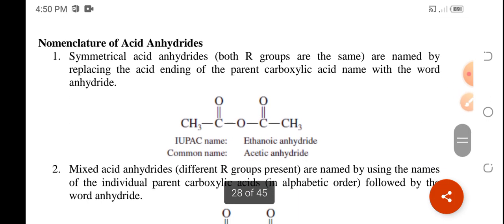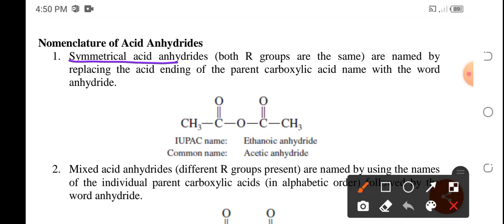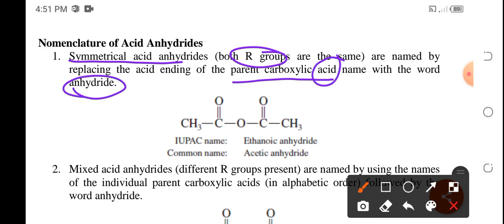Now, how do we name these acid anhydrides? If the carboxylic acid used was the same, so symmetrical acid anhydrides where the R groups are the same, you have to use only the name of the parent carboxylic acid, removing the word acid and replacing it with anhydride.